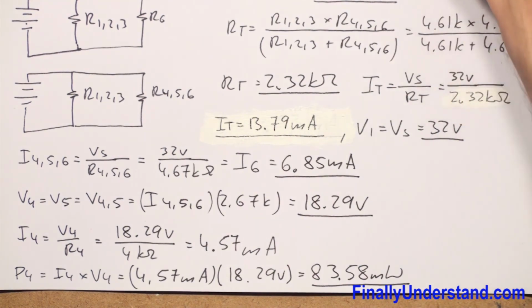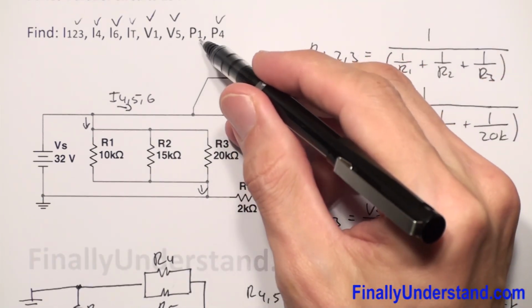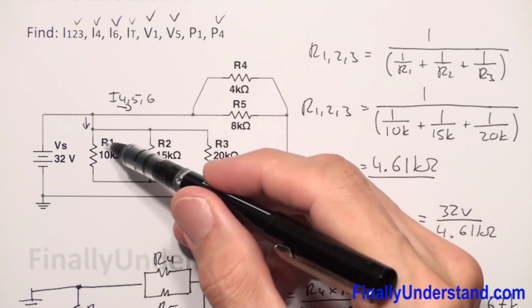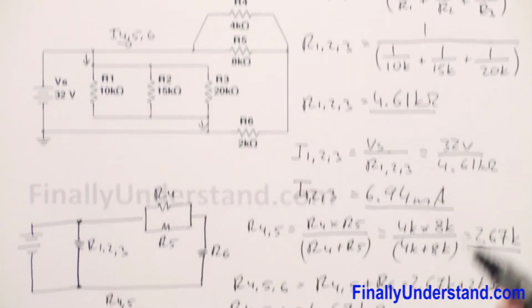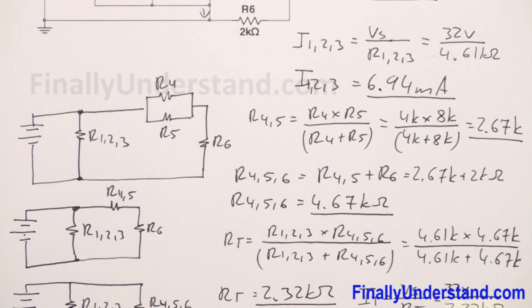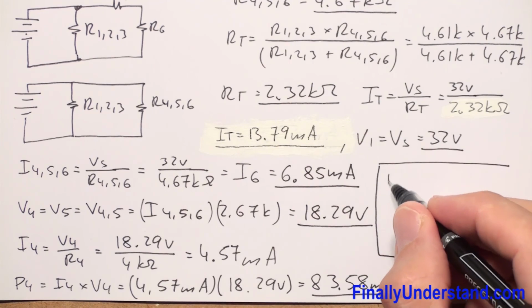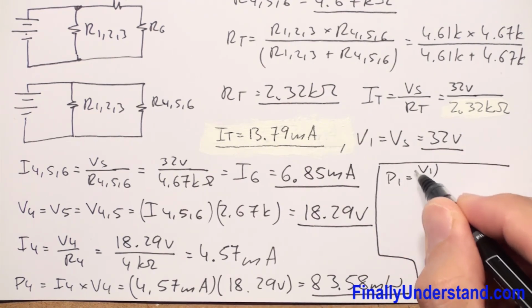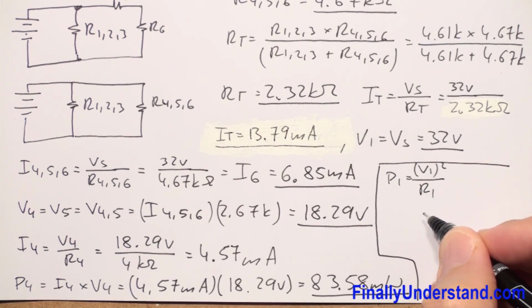Next we're supposed to find power at resistor R1. We're supposed to find P1. Please notice that the voltage across resistor R1 is equal to the voltage source, and we have the given resistance, so we can find the power very easily. Let me write this down over here. P1 is equal to V1 squared over R1.